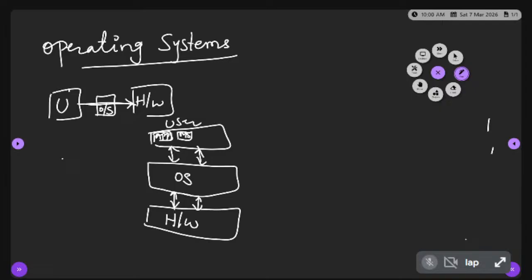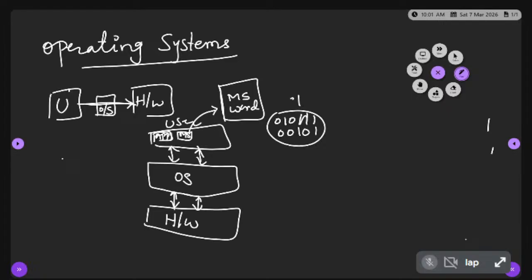Once you have typed something in Word and want to save it, this is an editor, MS Word. For that save, you would have to write something like 110001, this kind of code, but this is very difficult. Because of that, instead of writing this we have Control plus S.